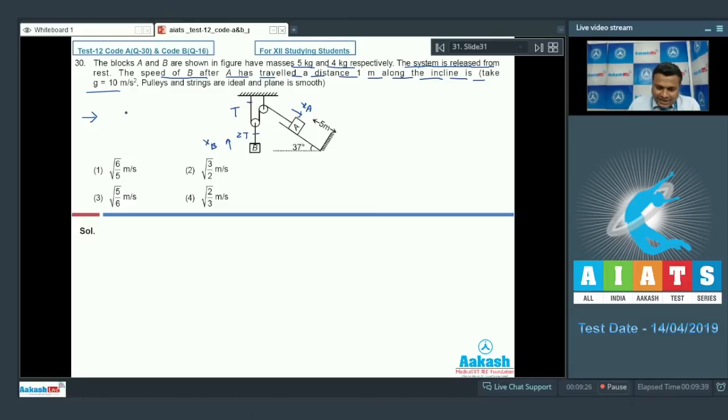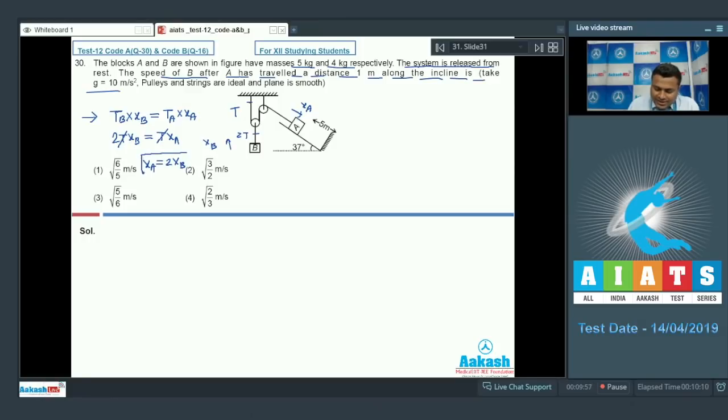So we can write tension in B multiplied by distance covered by it must be equal to tension in A multiplied by distance covered by A. Tension in B, that is 2T XB. Tension in A, that is simply T XA. T, T cancel out. We get the constraint relation, that is XA equals 2 times XB.